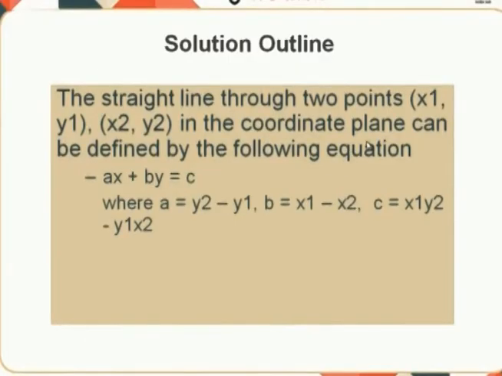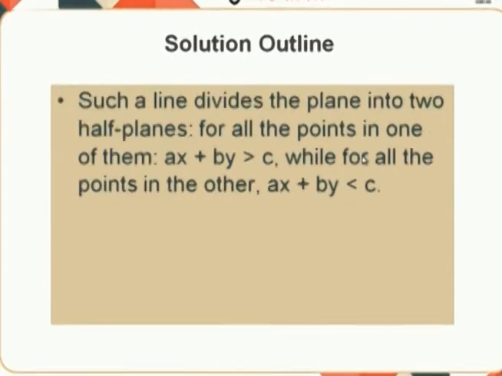This is the equation that defines the straight line in the coordinate plane.